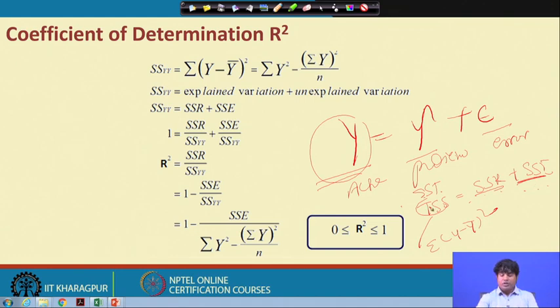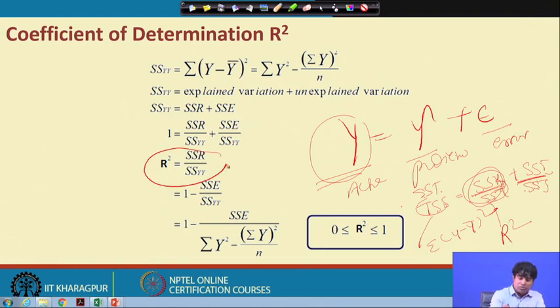Now if you divide by the sum of squares total, the right hand side becomes 1. The sum of squares regression divided by the sum of squares total is called the percentage variation of the dependent variable explained by the independent variable, and this component is called R square, the coefficient of determination, which is derived here.